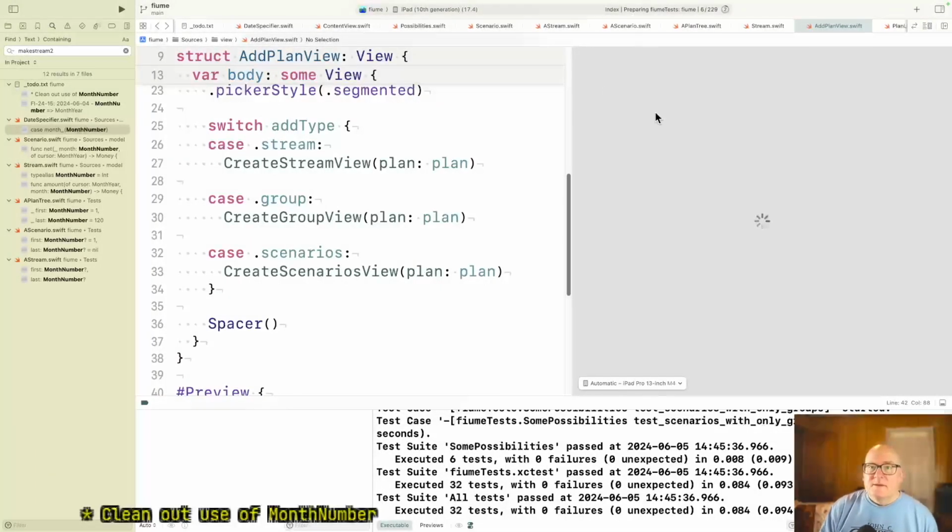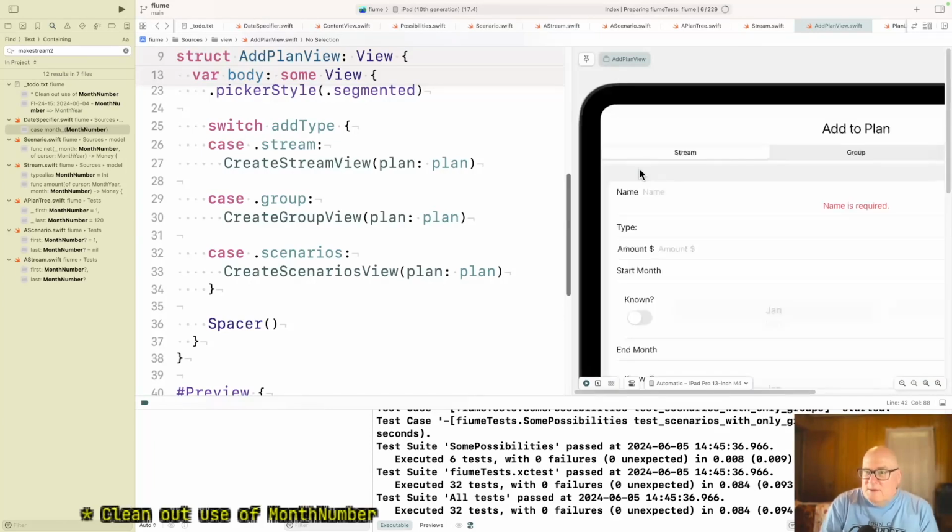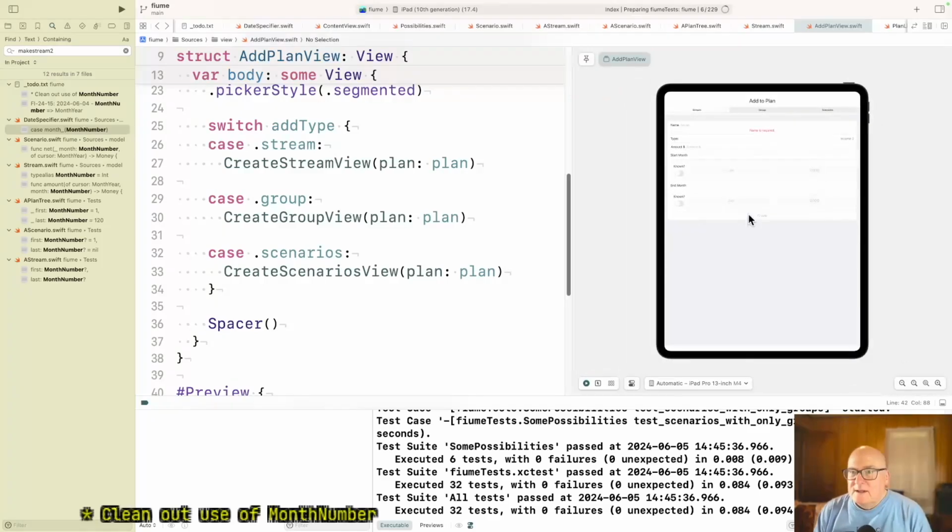Well, it's almost done. This preview window is a great idea, but the execution is so slow. All right, well, that looks all right.